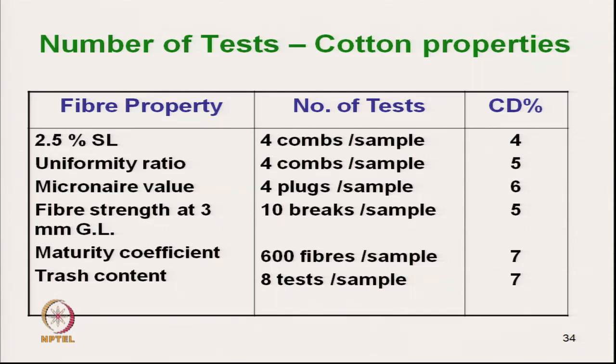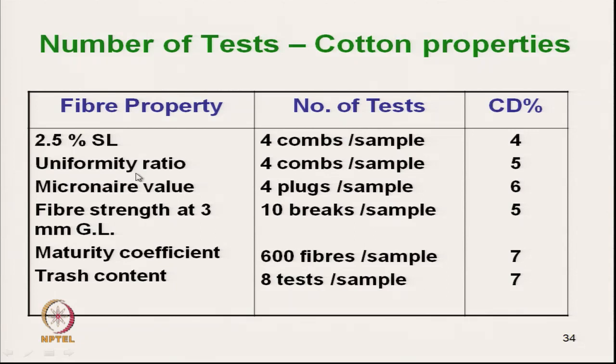So, at least 4 combs per sample should be there, and the critical difference is 4%. If the 2.5% span length difference is more than 4%, then a significant difference exists, that we can tell.